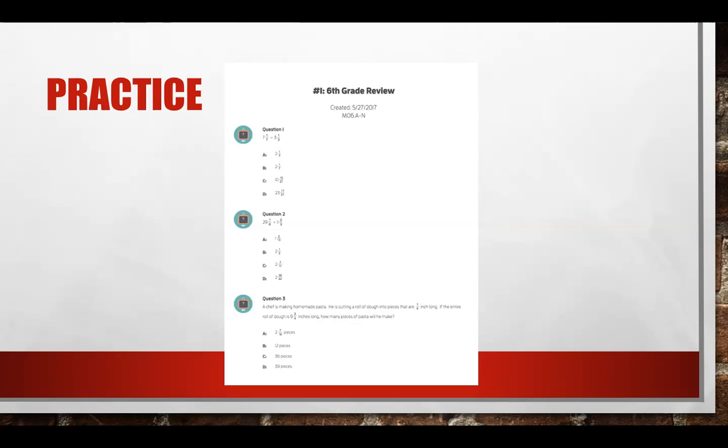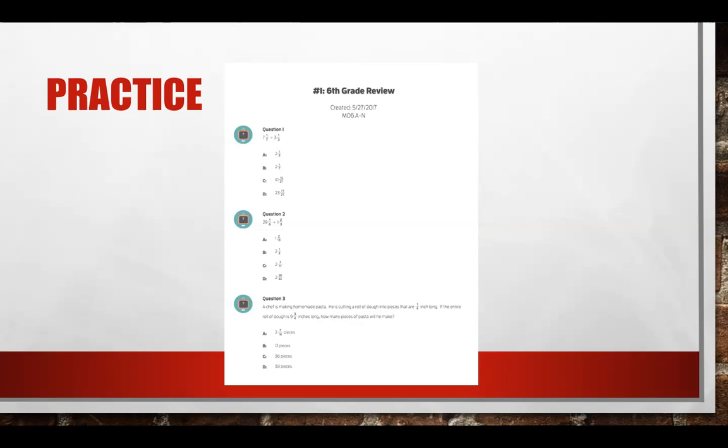Let's try another. The first step says 29 and 1/6 divided by 11 and 2/3. 29 times 6 is 183.